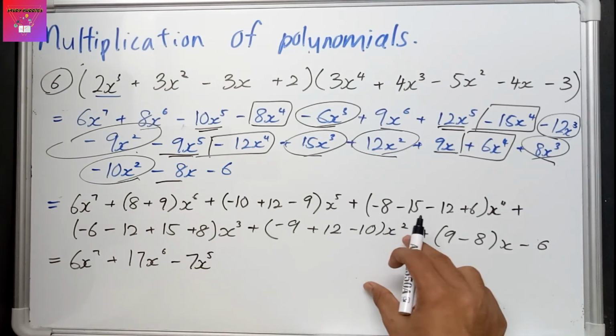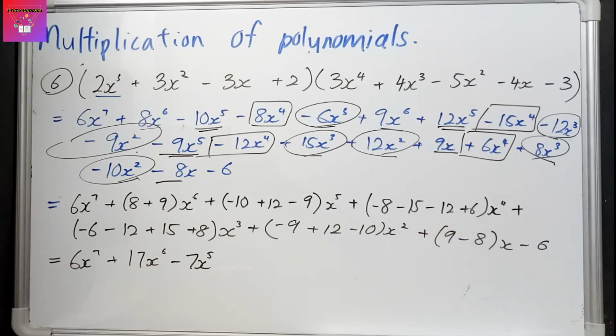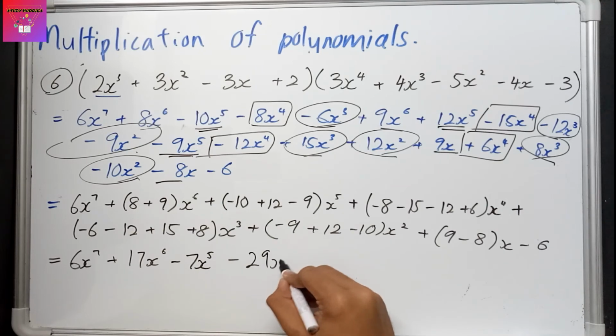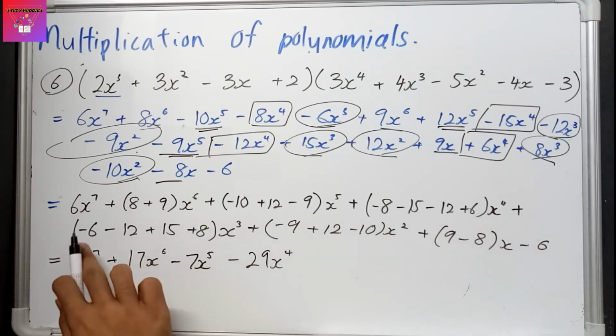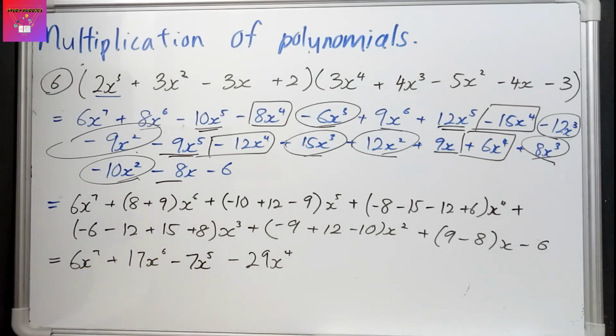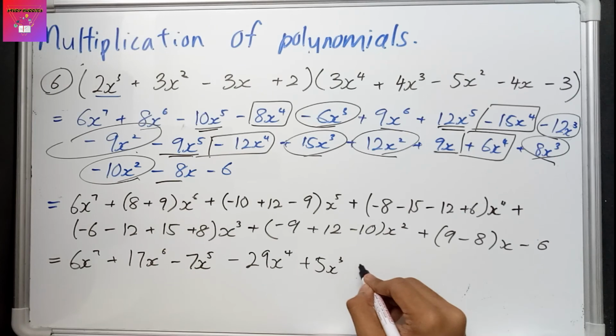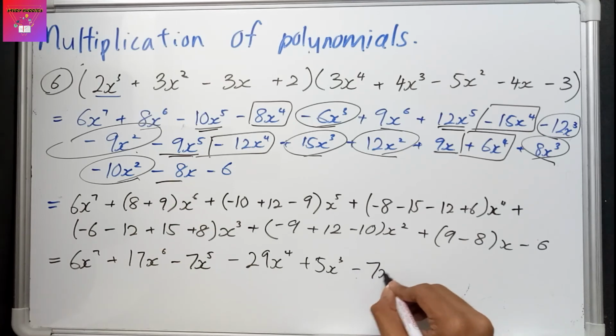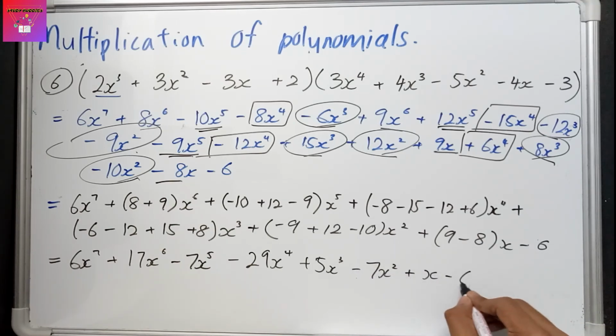Negative 8 minus 15 minus 12 plus 6, you're going to get negative 29x to the power of 4, plus negative 6 minus 12 plus 15 plus 8, we are going to get 5x cubed. And then for this, negative 9 plus 12 minus 10, it's going to be negative 7x square. 9 minus 8 is going to be x, minus 6.